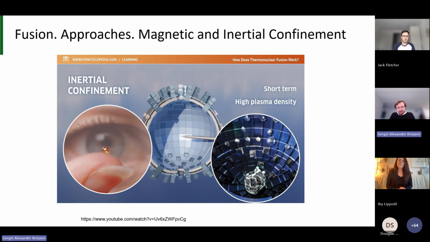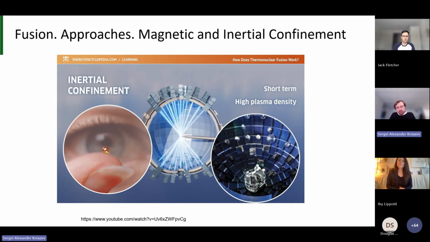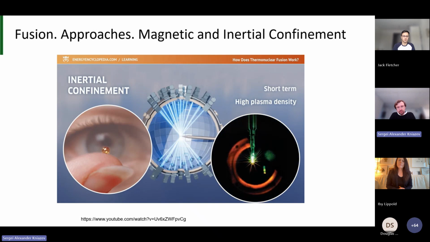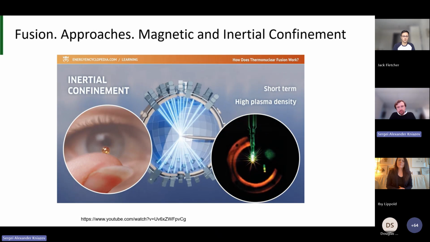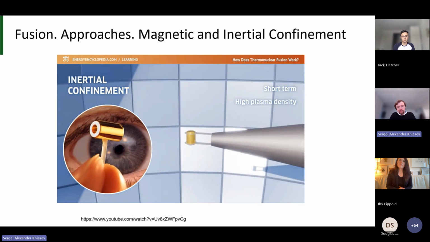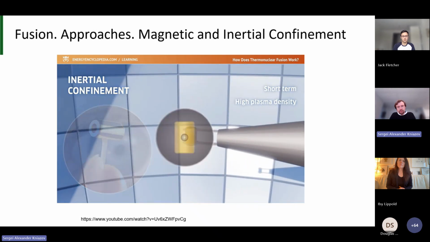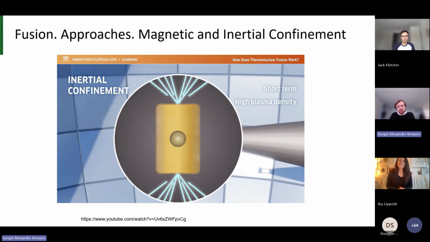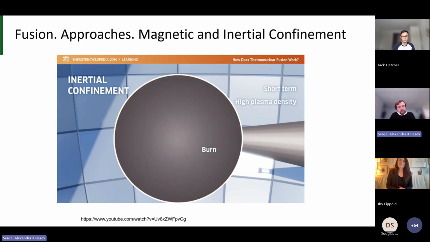After evenly compressing the fuel pellet from all sides, the density and the temperature of nuclear fusion is reached in its center. But the compression and heating is so rapid that the fusion ignition occurs before the fuel is dispersed. The very high density allows a significantly shorter confinement time according to the Lawson criterion, which can be in the order of nanoseconds.